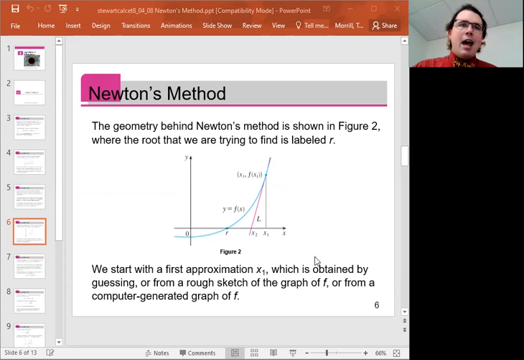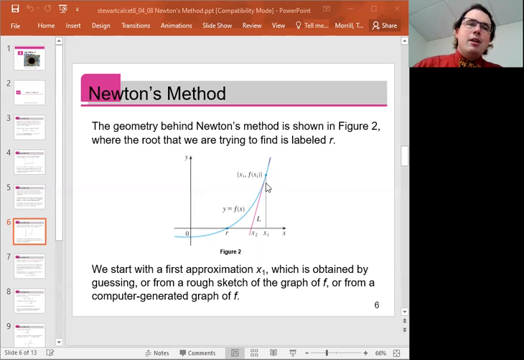Now, in this diagram, if I follow L here, my tangent line intersects the x-axis closer to the root than my actual x value did. So I picked some value for x.